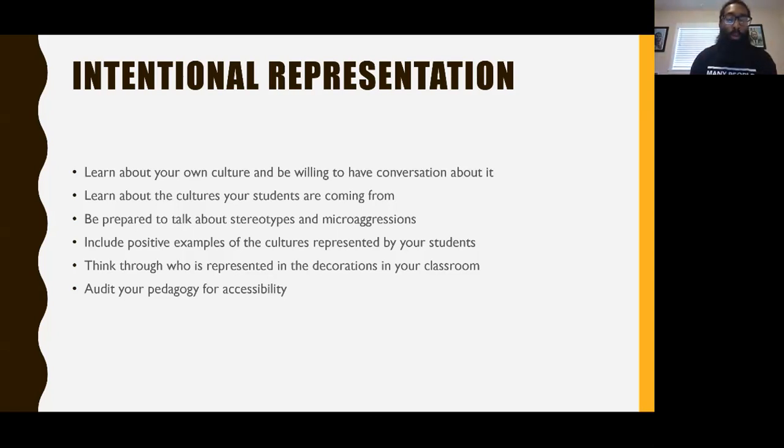And so we have to be able to own our own cultures as well as have conversations about it because we will be asking those things of our students. And so I want to make sure we can model that for them.